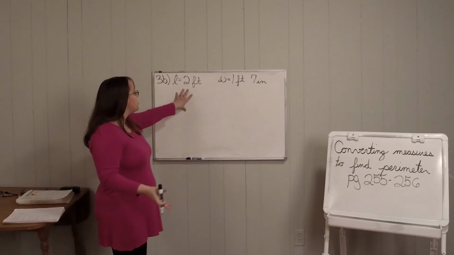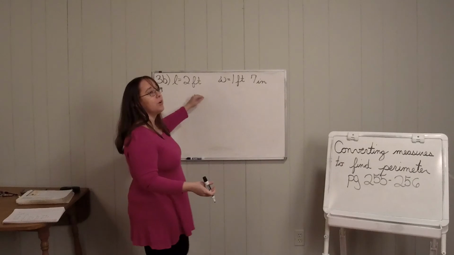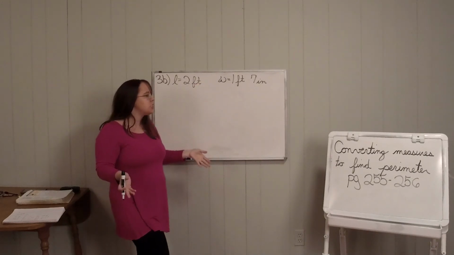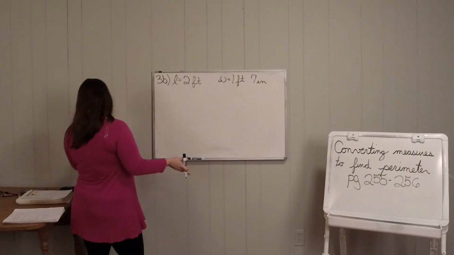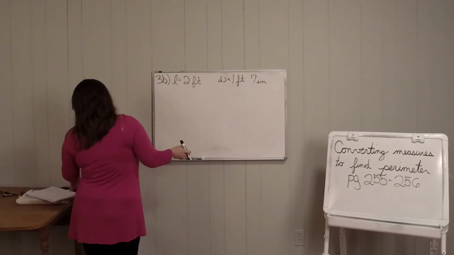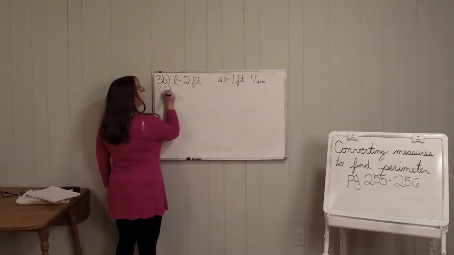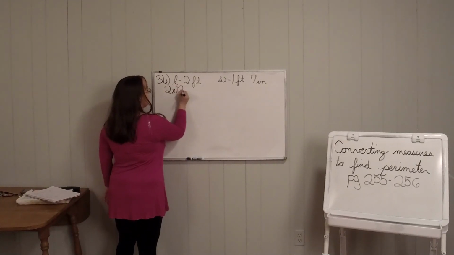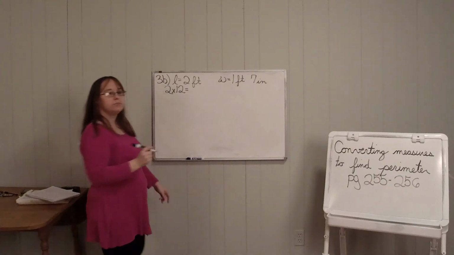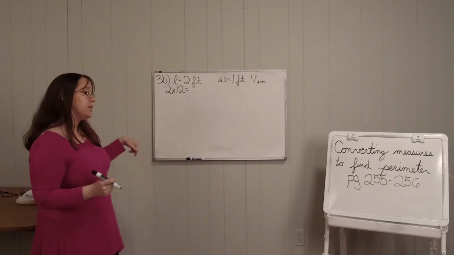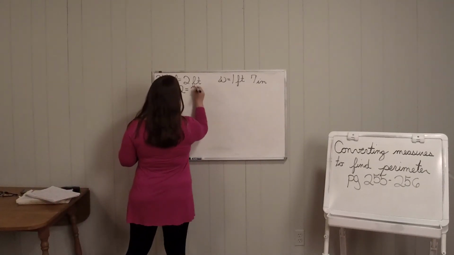So we got to turn the 2 feet into inches, so we're going from large to small, so we're going to multiply. Well, how many inches are in 1 foot? 12. So 2 times 12 equals what? You have your 2 feet times your 12 inches. 2 times 12 is 24 inches.